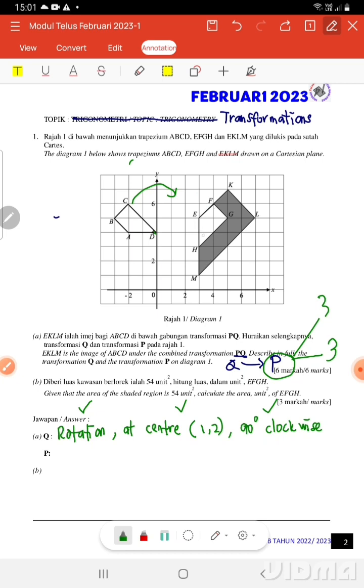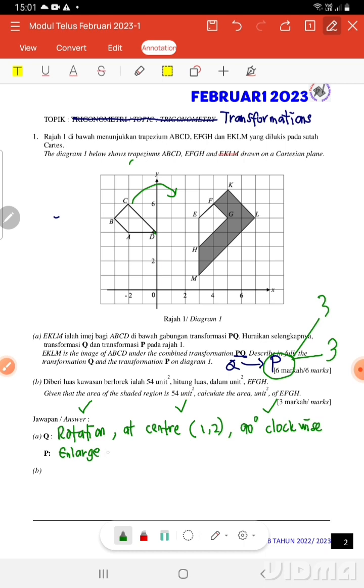So from EFGH, the trapezium getting bigger, right? You can see from EFGH getting bigger, then it will come to EKLM. So when you see between your object and image is different in size, you know that it has undergone enlargement.